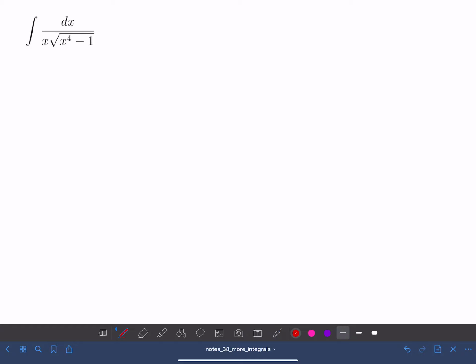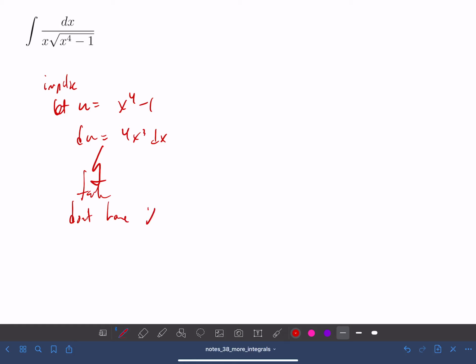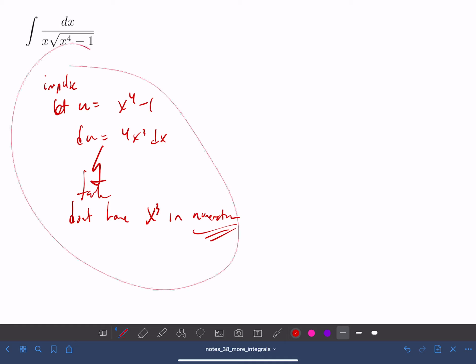All right, so again, I think my knee-jerk reaction, my impulse, is to let u equal x to the 4th minus 1, so du equals 4x cubed dx, but I fail because I don't have x cubed in the numerator. So this doesn't work, and there's nothing wrong with that. It just means we've got to try something else.